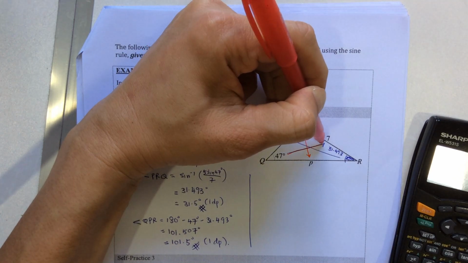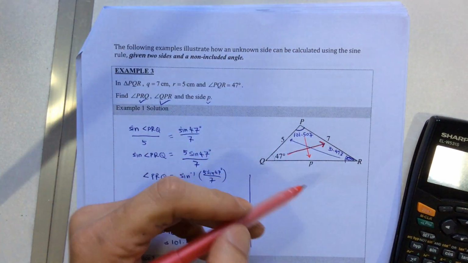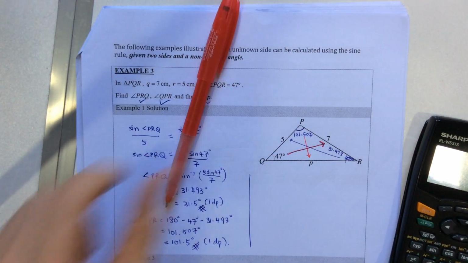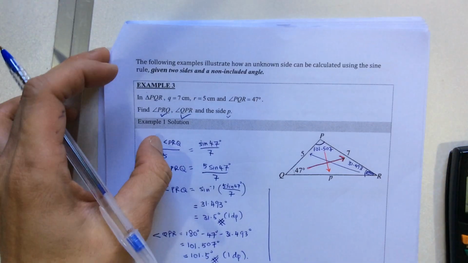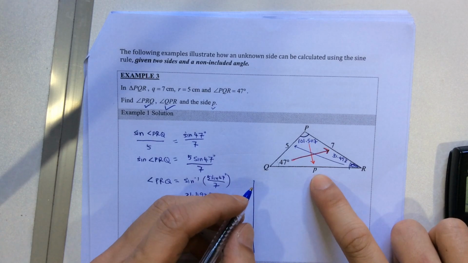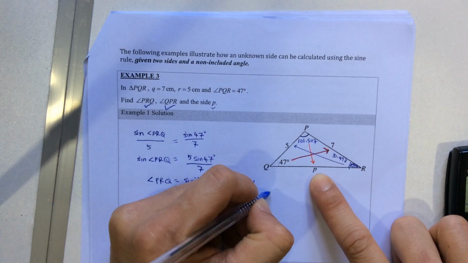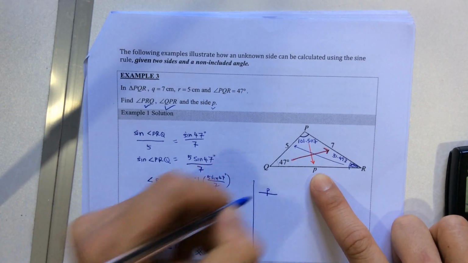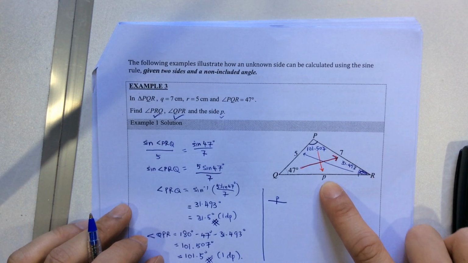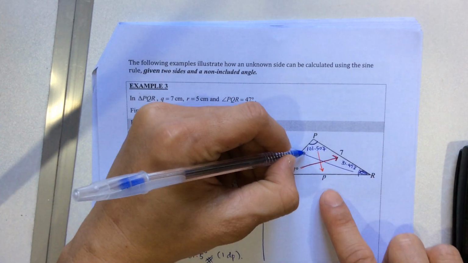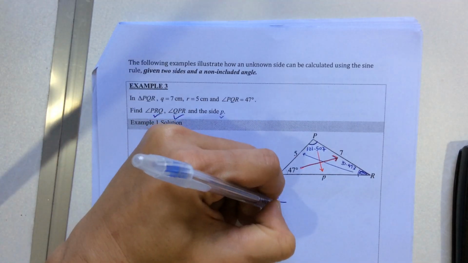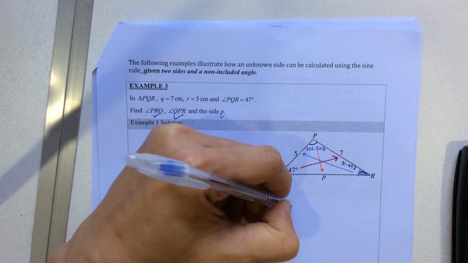We will connect this and we have a cross. Okay, the red cross, and we can use the sine rule. So I'm going to use the first version of the sine rule where the side is at the top. So I will put the unknown at the top, and then we'll put the sine of the corresponding angle, which is 101.507, at the bottom.